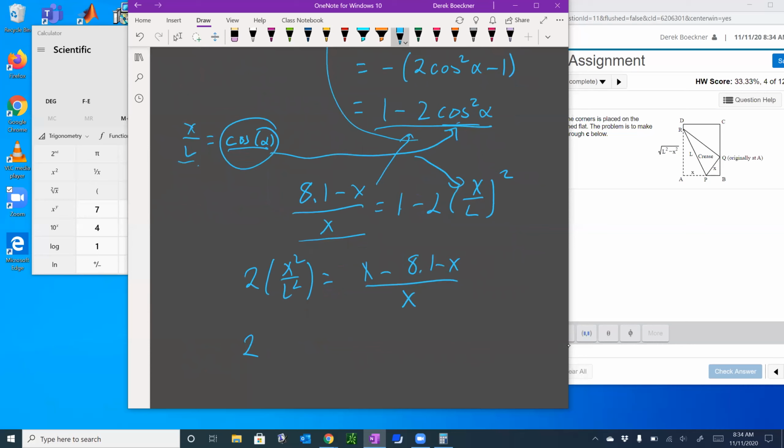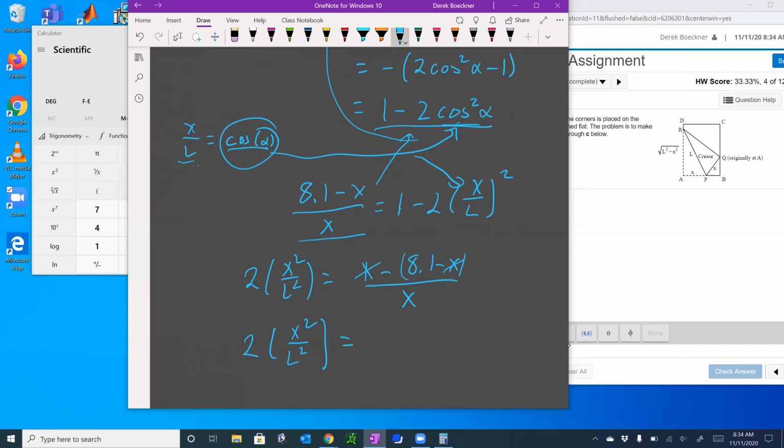So you get 2 x squared over L squared equals, well, that's interesting. Those guys cancel, right? Nope, that's not right. Because this is a minus both of those things.